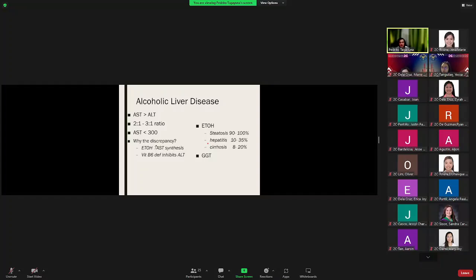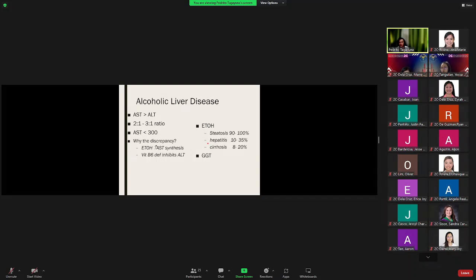And why is that? What is the reason why AST is elevated in alcoholic liver disease? Because alcohol increases the synthesis of AST. And on the other side, ALT is inhibited by vitamin B6 deficiency. So in alcoholic liver disease, there is usually vitamin B6 deficiency.